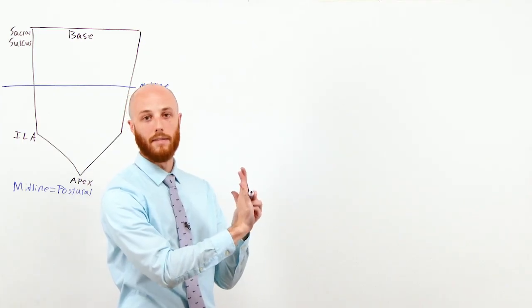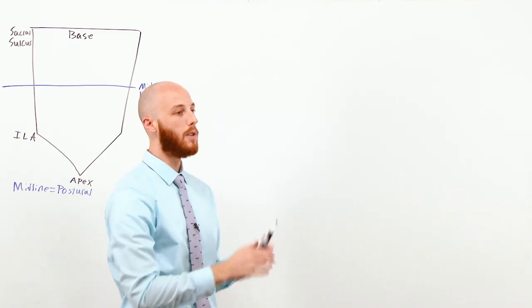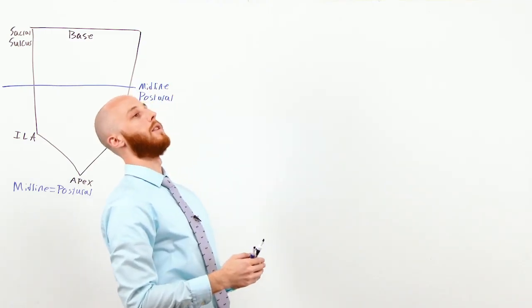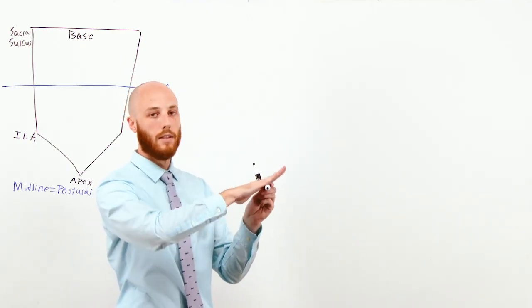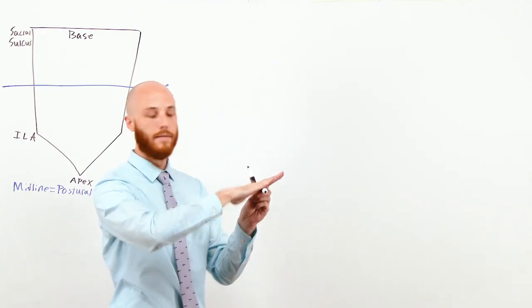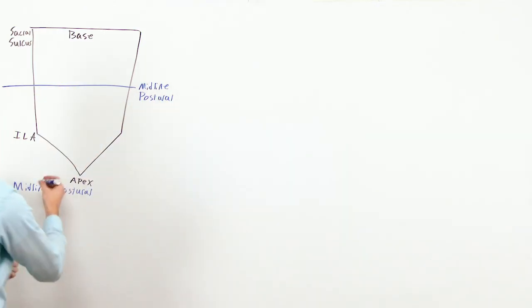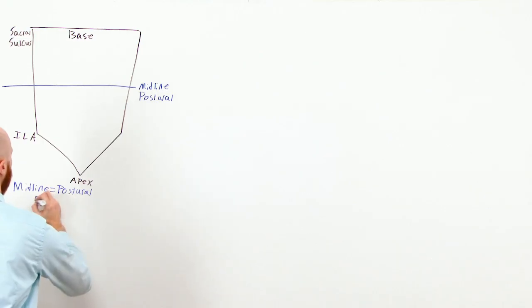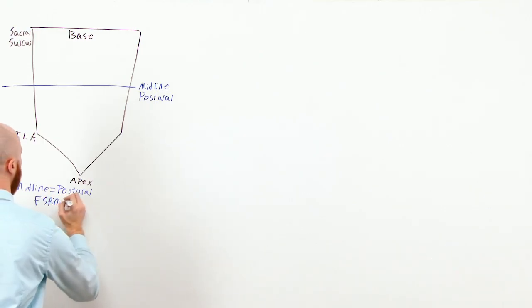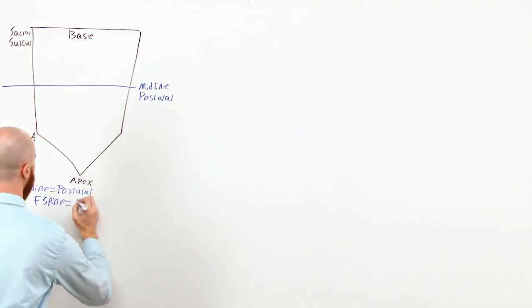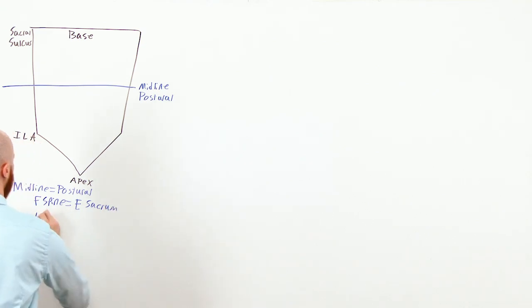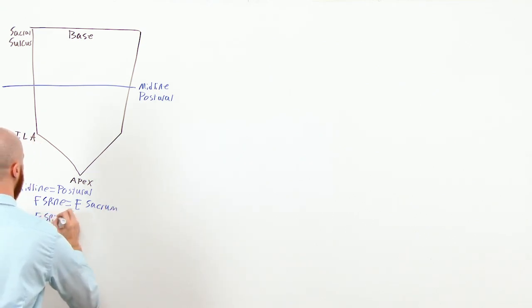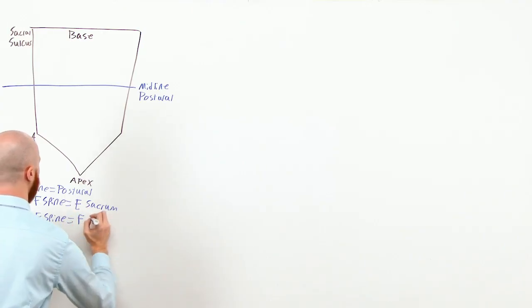So it's opposite. So if you go into extension with your spine, your sacrum is going to move into flexion on the midline axis. So writing that out, if you flex the spine, you are going to extend the sacrum. If you extend the spine, you are going to flex the sacrum.